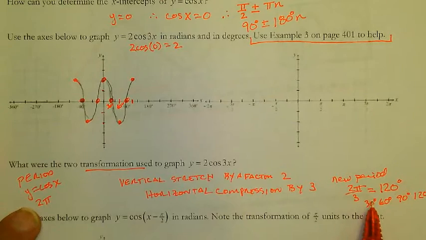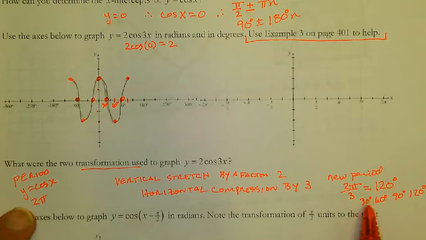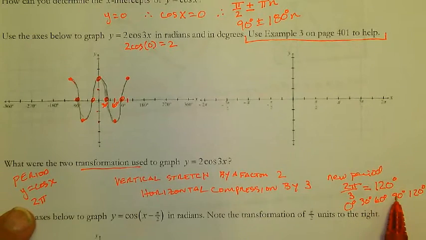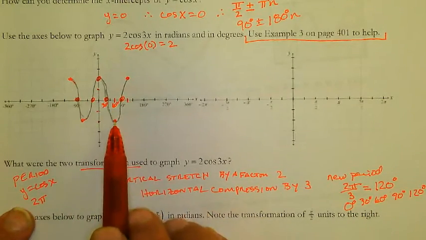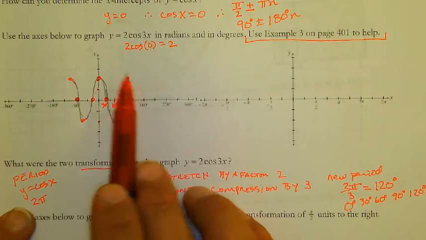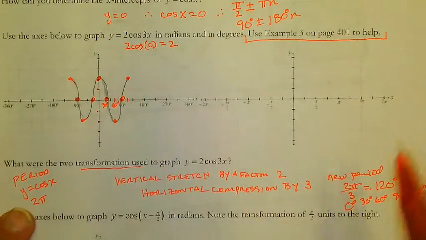So I'm going to be at 0 degrees, a maximum, 0, minimum, 0, maximum. And I'm going to have that same pattern. It's going to set up in much the same way.